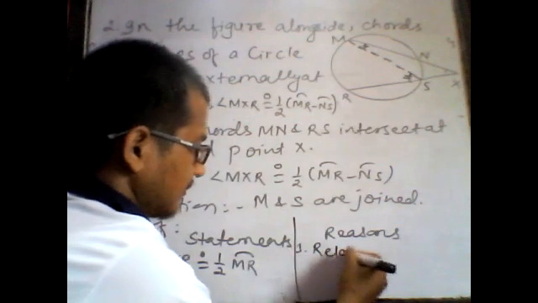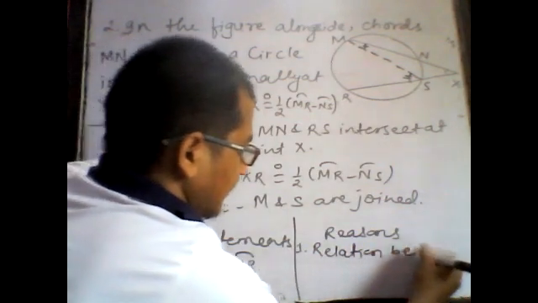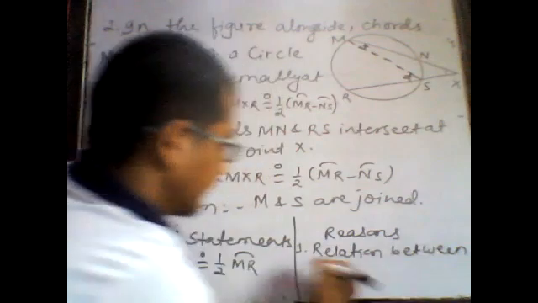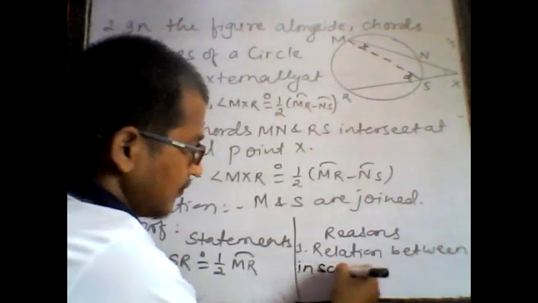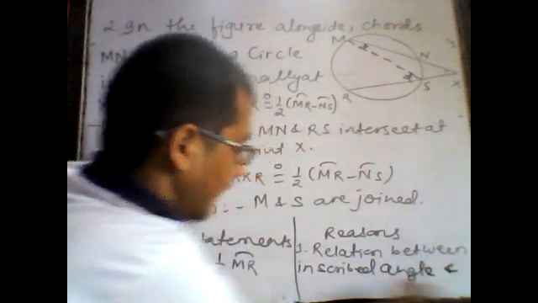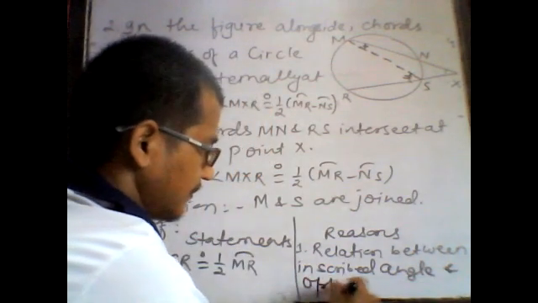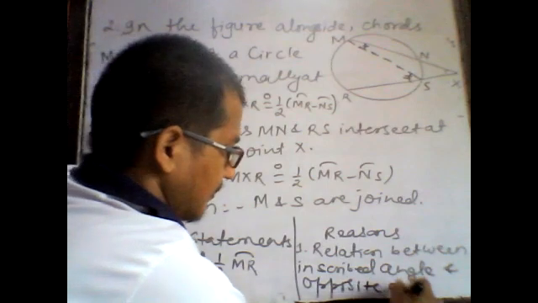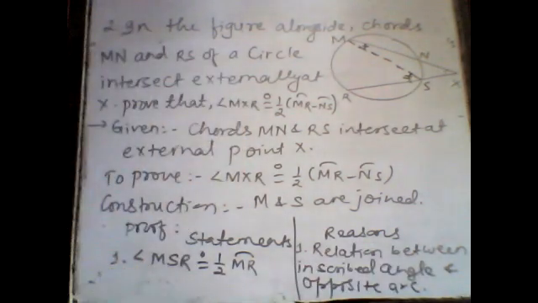The relation between inscribed angle and its opposite arc. We have this relation between inscribed angle and opposite arc.